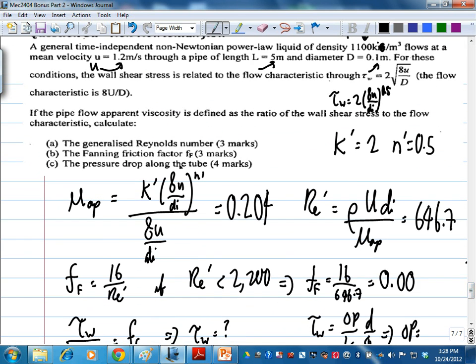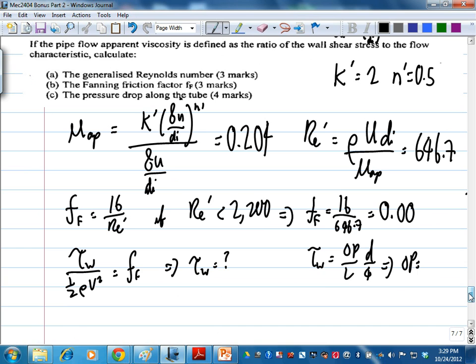There must be a typo here. What's the F fanning? Is that F fanning 0.0? 0.02.